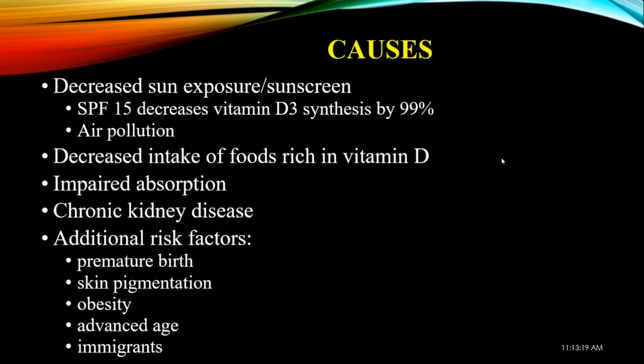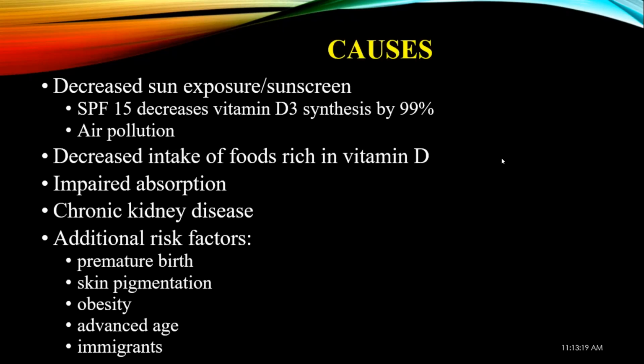That means persons who immigrate to places that are far from the equator, beyond 45-degree latitude, face a deficiency of the wavelength necessary for the conversion of 7-dehydrocholesterol to cholecalciferol, which makes them vitamin D deficient.